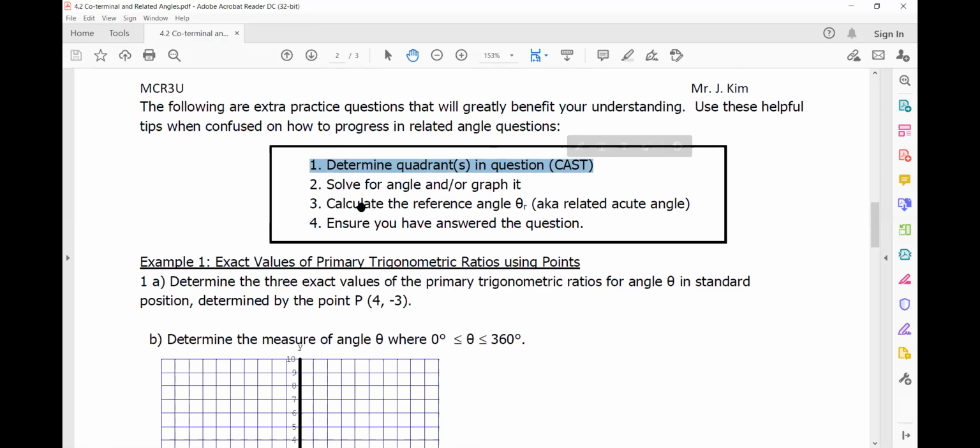You'll also see me always calculating the reference angle, because then I can move between quadrants without any worry, and then apply a cast rule and figure out where the negative is supposed to be. Every single question, the reference angle will probably help me, so it's a good idea to try to find it out. And also identify which quadrants we're looking for, because that will dictate whether it's a negative or positive.